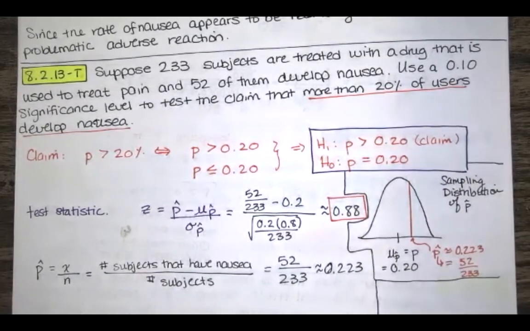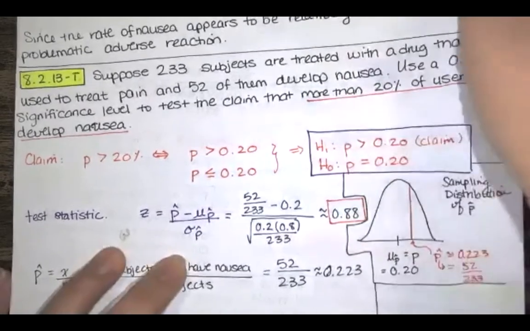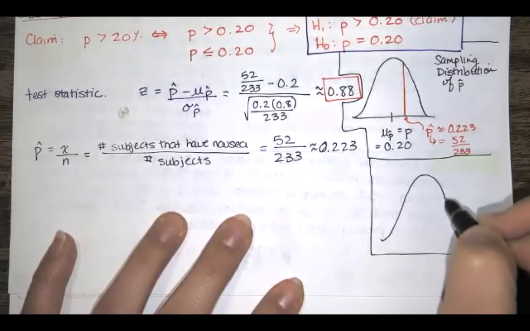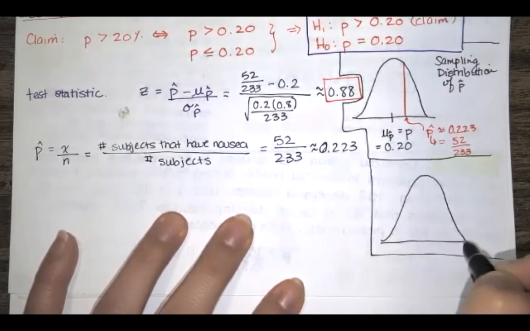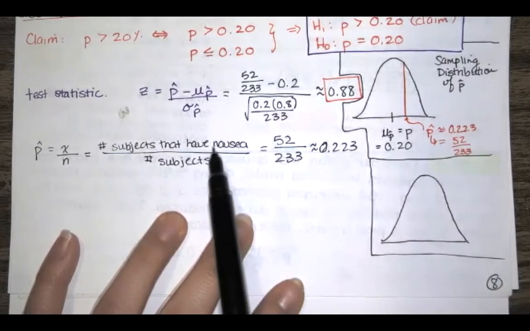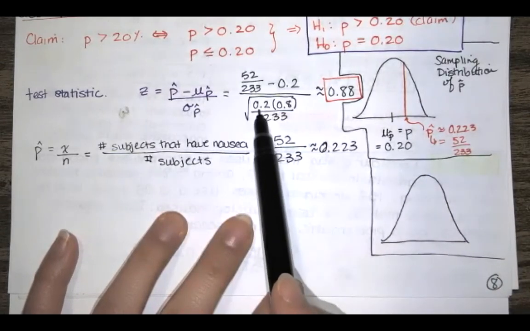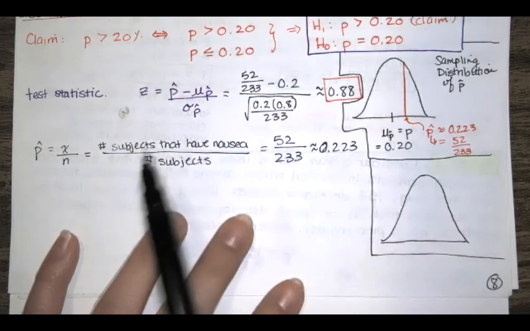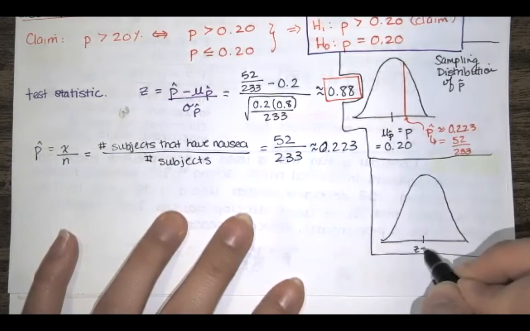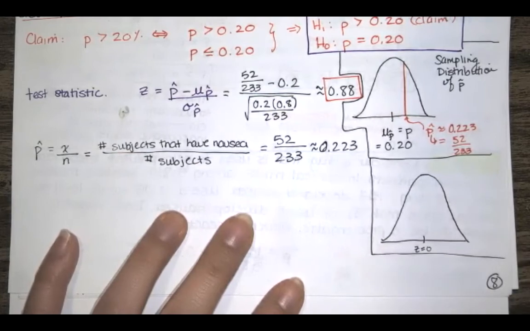If we take that sampling distribution, which is a non-standard normal distribution, and we standardize it, so instead of having a mean of p equals 0.2 and a standard deviation equal to the square root of 0.2 times 0.8 over 233, we want our distribution to have a mean of 0 and a standard deviation of 1.